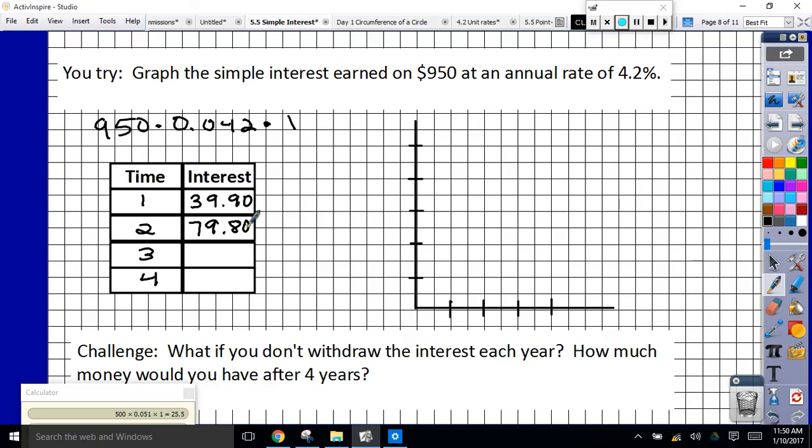How much in year 3, Kayla? $113.20. Did you say 113? No, it's not 113. It's 119. Okay, and then year 4, Reese. Good. $159.60.